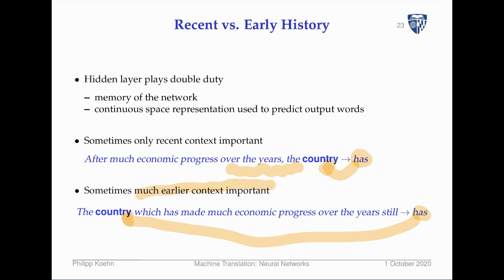So this information is very relevant, and any model that makes a prediction of has here has to have stored away somewhere the information that the subject of the sentence is singular, and that is something that can then be used to predict the right inflection of the verb.